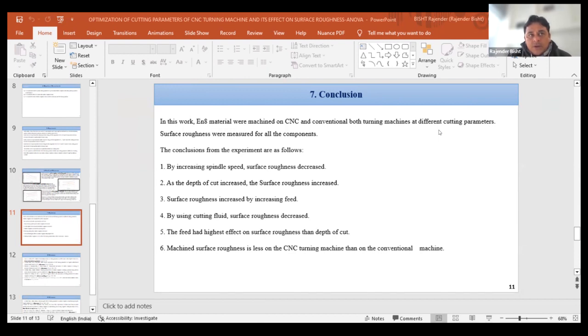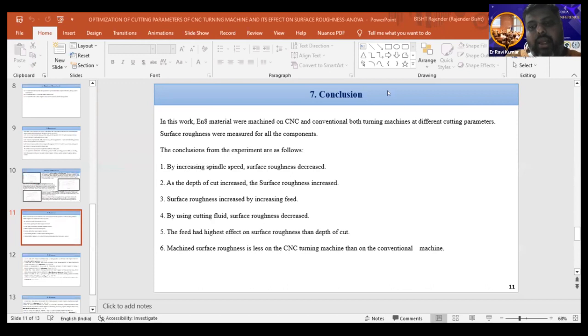If you get good surface roughness, it should not affect the productivity, so material removal rate should also be high. So in the next study of my experiment, I'll work to get the minimum surface roughness and maximum material removal rate, so we can get good productivity as well as good quality. These two are the factors I'm focusing on in my experiment.